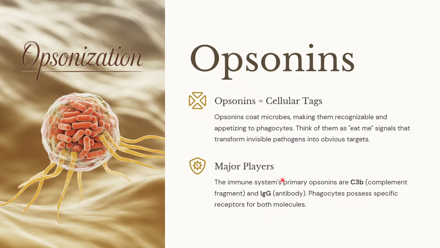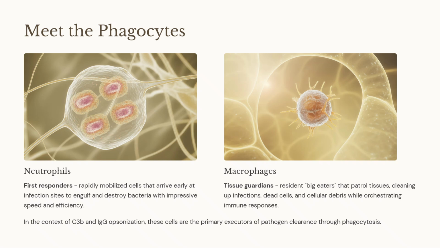Apart from activating the alternate pathway in the complement system, C3b also acts as an opsonin. IgG antibody also acts as an opsonin, apart from being a part of the antibodies. Once the opsonins are coated, what will phagocytose them? Meet the phagocytes. It will be phagocytosed either by the neutrophils or else by the macrophages.